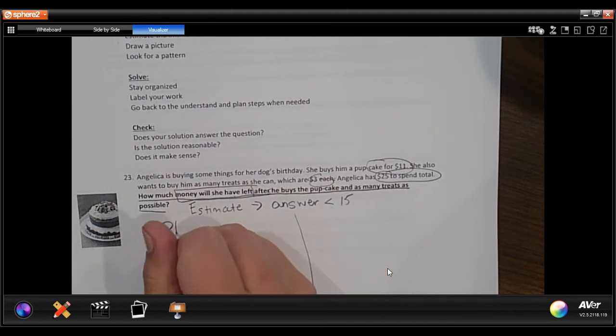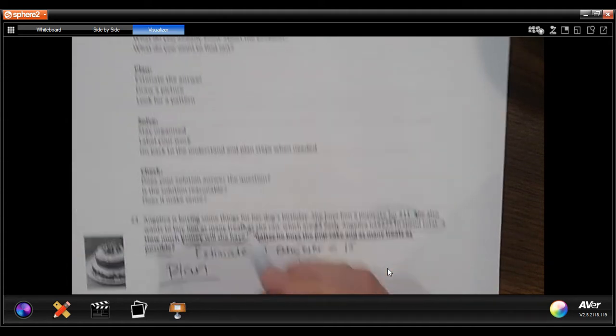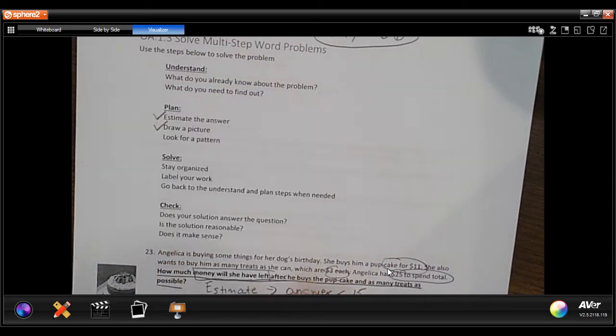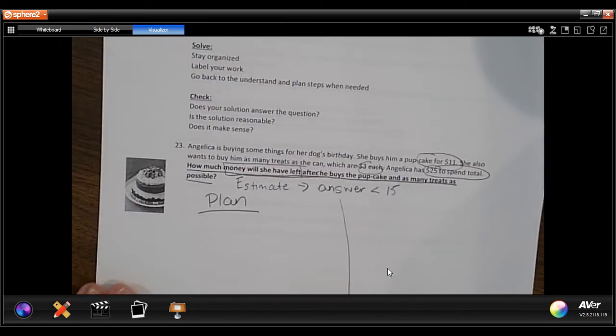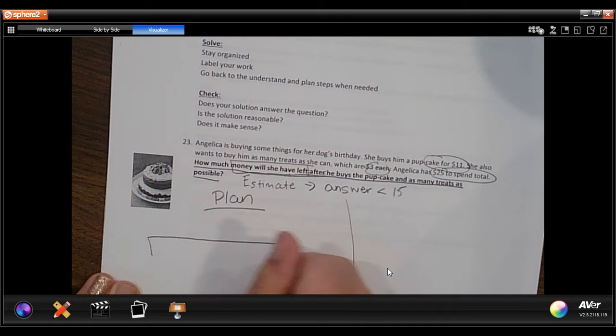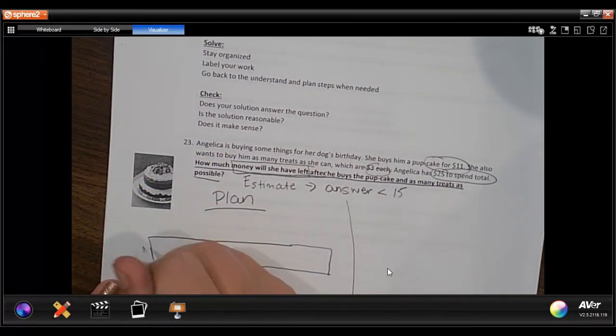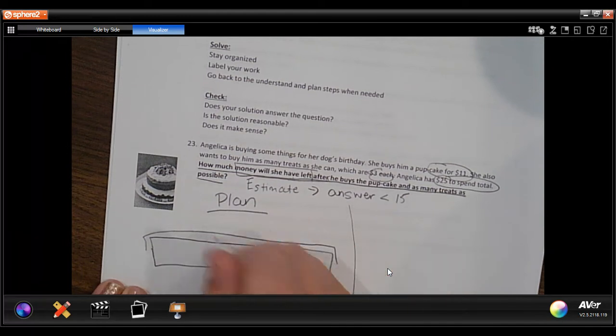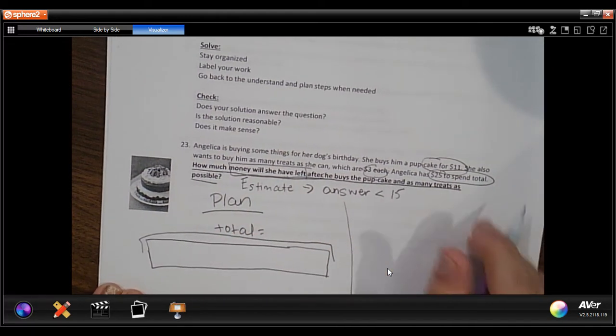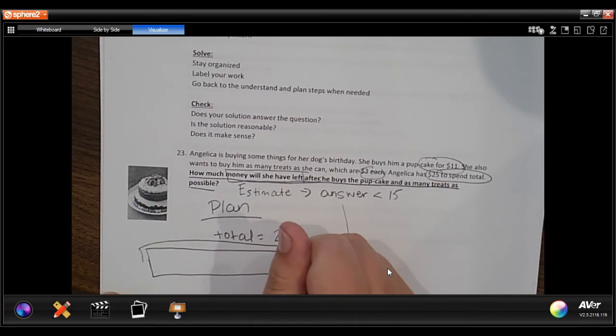Next, I'm going to continue planning my problem by drawing a picture. So I estimate the answer and I'm drawing a picture. So I'm going to start off with my handy dandy tape diagram that I've been drawing. This represents the total. And I know my total that she has to spend is $25. So total equals $25.